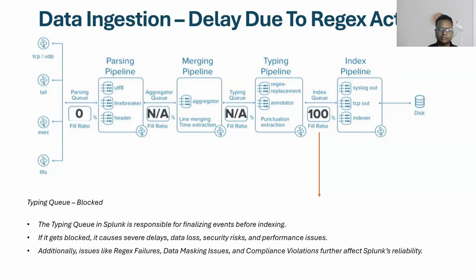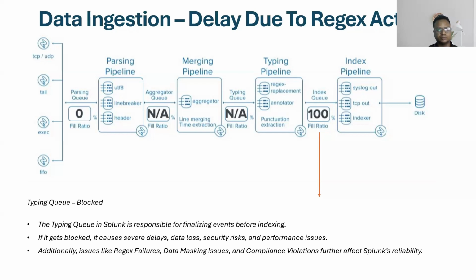And in Splunk, regex also contributes a lot, I would say, because an inefficient regex can slow down your whole system. Regex is very expensive if it is inefficient. It basically takes CPU and memory.